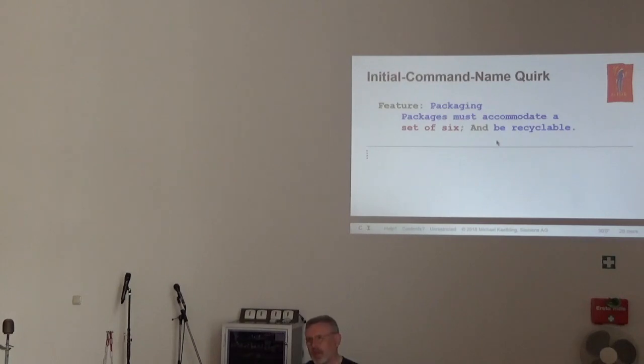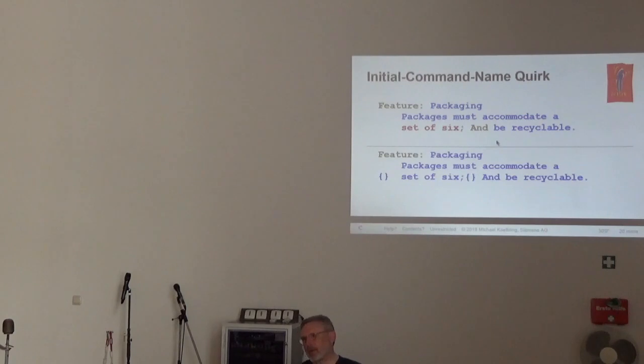The initial command name quirk can crop up occasionally just because of line breaks. Remember I said we would get inline Tcl execution. Well, turns out set is a command in Tcl, and it's going to swallow this whole, and something strange is going to happen. So I don't have a good solution to this.